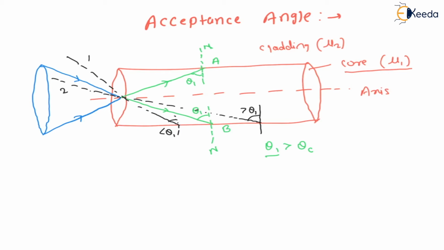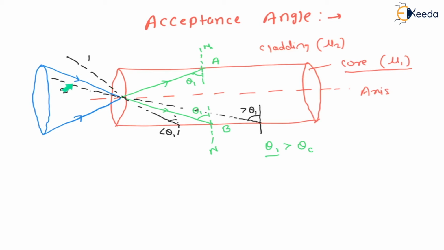But if you consider this second light ray, which is coming from inside the cone, for this particular ray, this angle of incidence is greater than the critical angle. That means what? For this particular light ray, there will be a total internal reflection. So here, the final conclusion will be what?